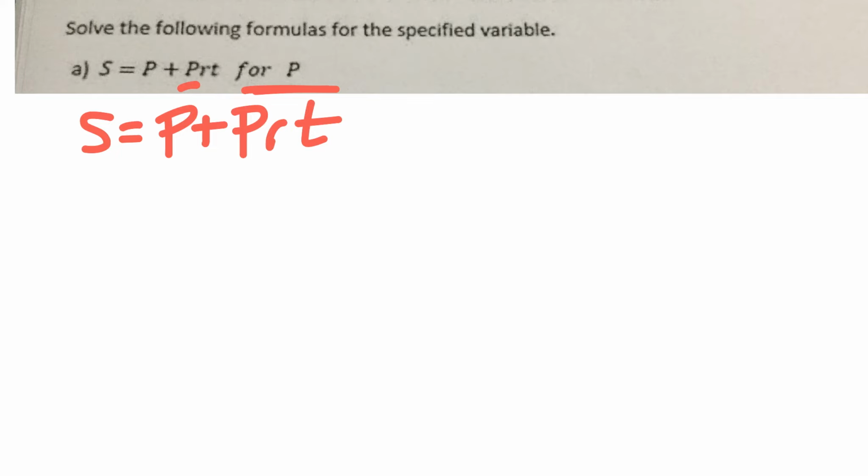What's my goal? My goal is to get P by itself. Well, what's the problem with that? Well, there are two different P's. There's a P here and a P here. If I could rewrite this with just a single P, that would be ideal. Does anyone know how we could rewrite this addition with just a single P?